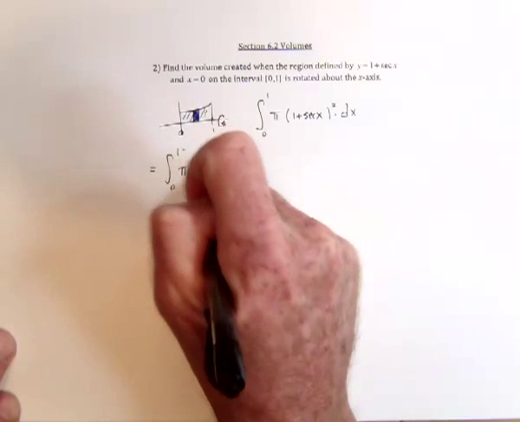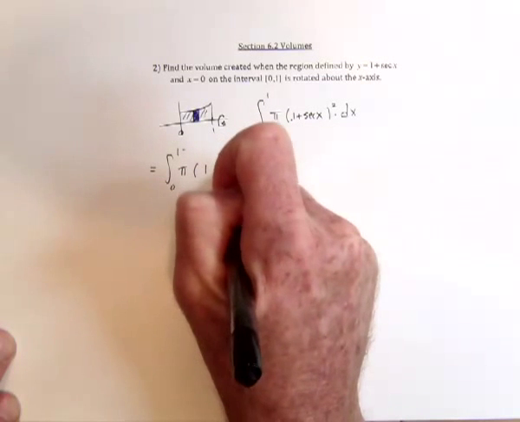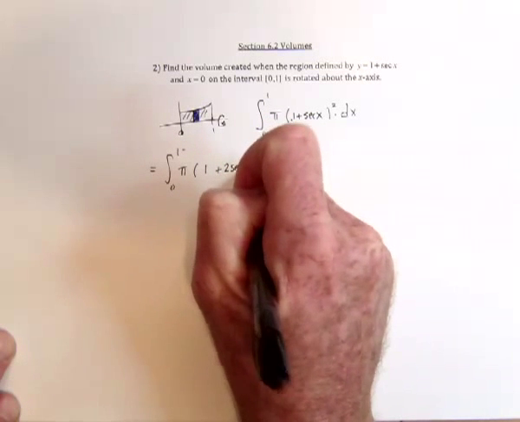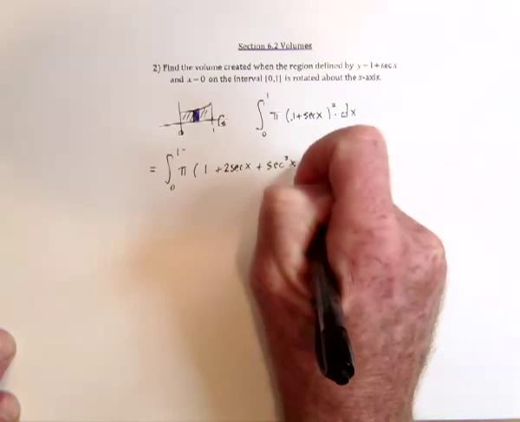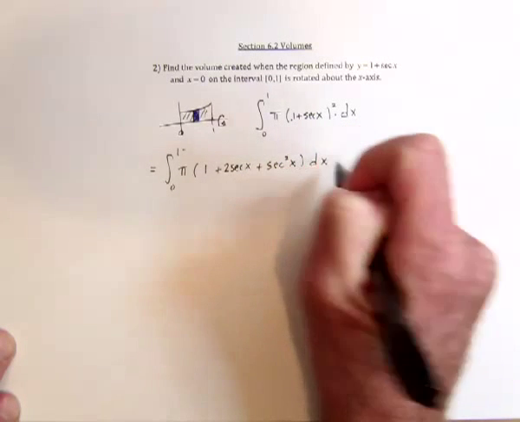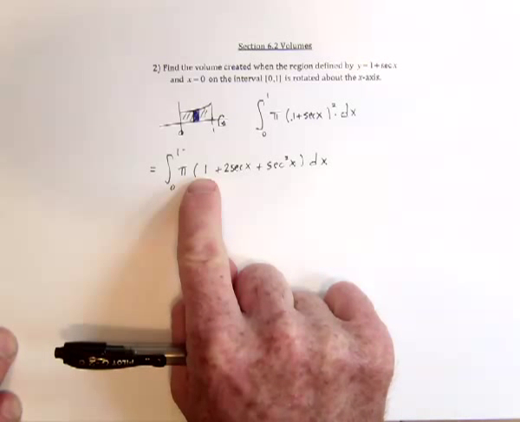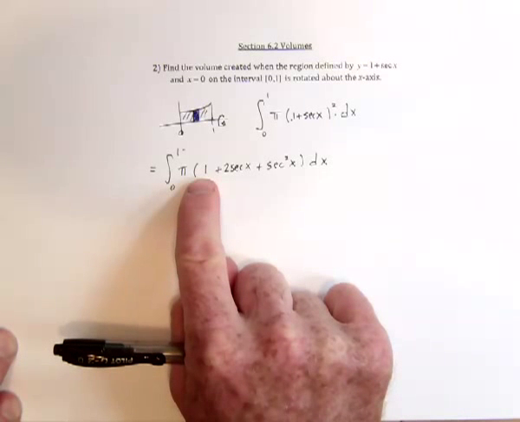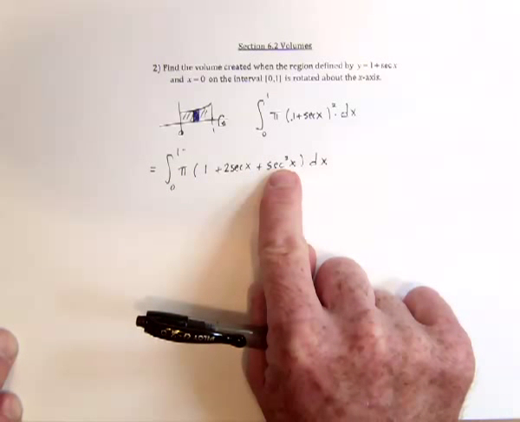So it's going to be 1 squared, it's going to be this times this doubled, 2 secant of x, and then plus secant squared. Well, this one's good news because the antiderivative is just going to be an x. The derivative of tangent is secant squared, so the integral for this is going to be tangent, not a problem.